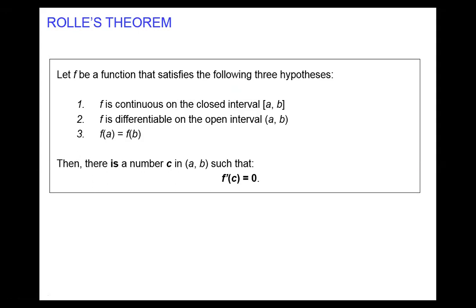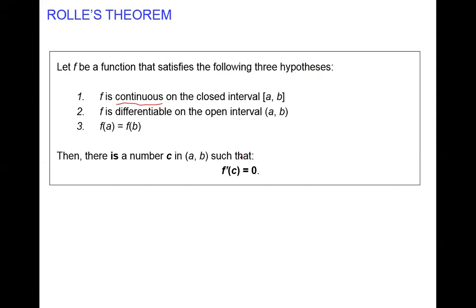Before the mean value theorem, Rolle's theorem. Of course, Rolle's theorem, the name came from the mathematician who discovered this property. Let f be a function that satisfies the following 3 hypotheses. Function f must be continuous on the closed interval from a to b.